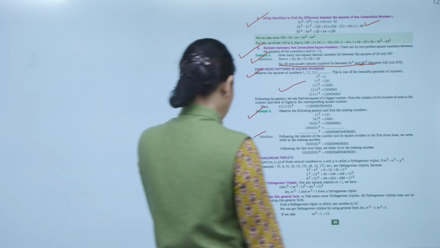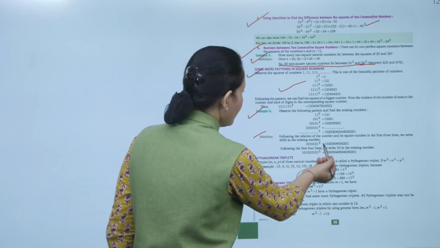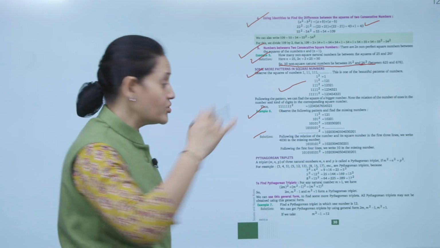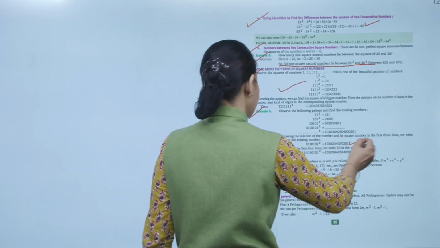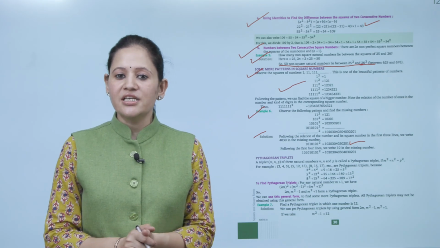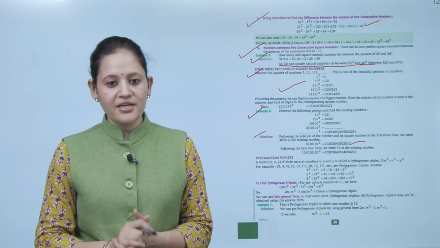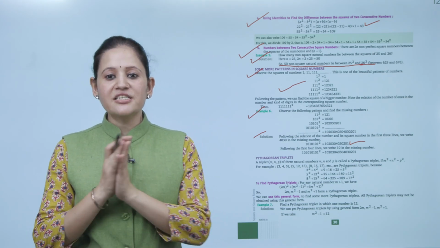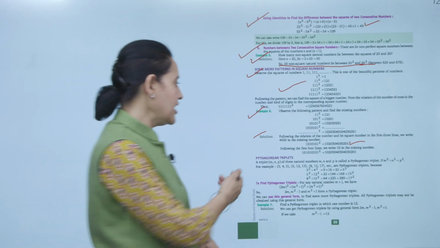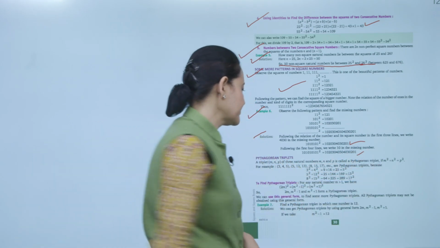So that is equal to 10203040, again 30201. Following the first four lines, we write 10 in the missing number. Clear? So like this the pattern is followed. First you have to observe what pattern is followed. Accordingly you will find the missing number.